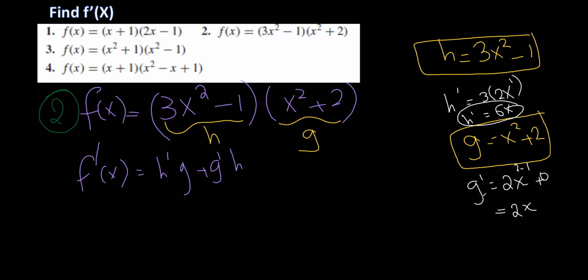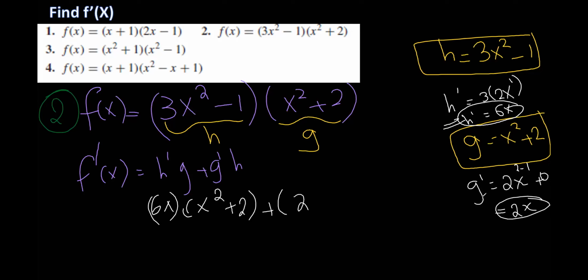Now h prime is 6x and g, where is g? It is x squared plus 2, plus, where is g prime? It is 2x, and where is h? It is 3x squared minus 1. Is it clear?